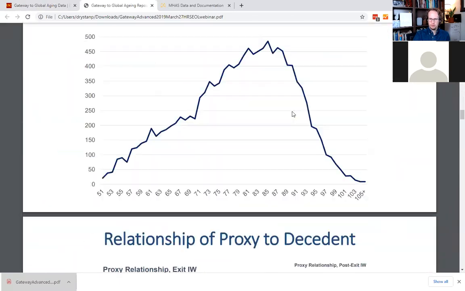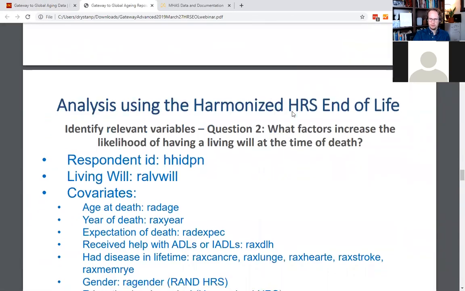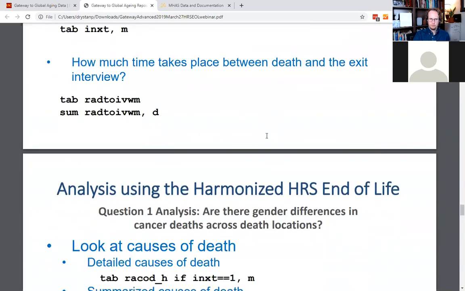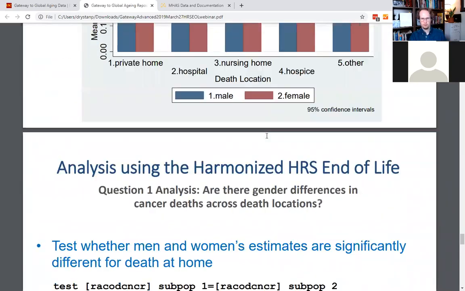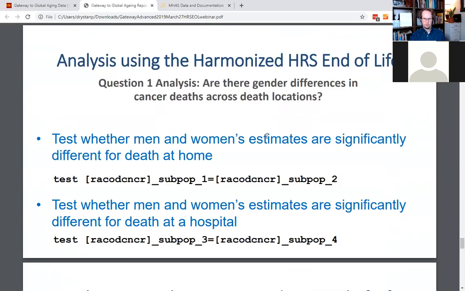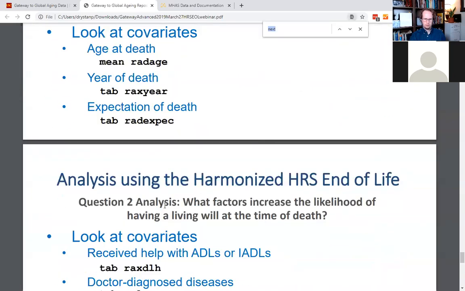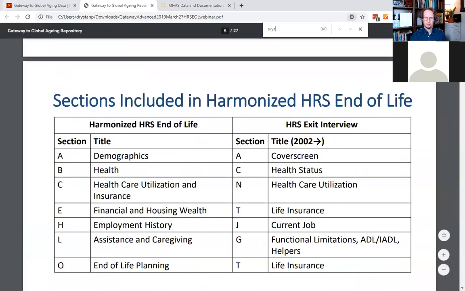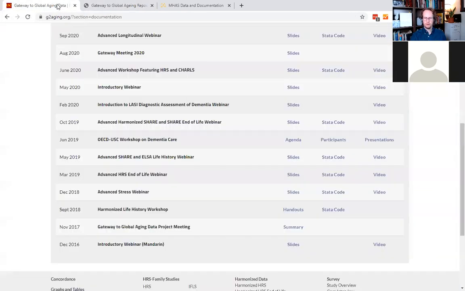We're gonna look at it. Merge it together. No, actually, we don't, because that's right. They don't provide weights for the exit data yet.